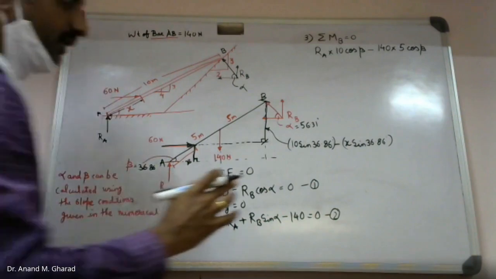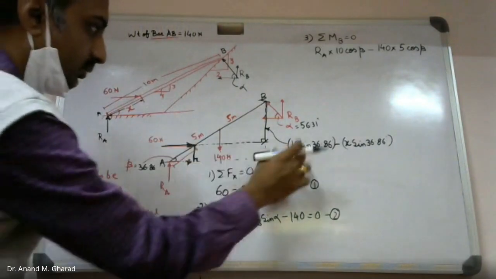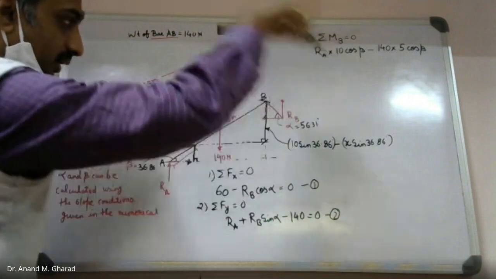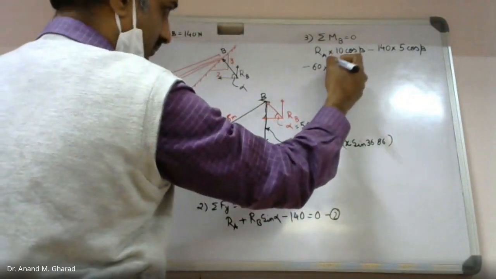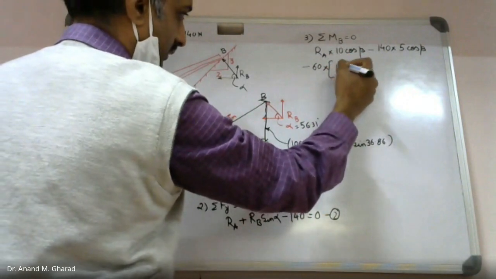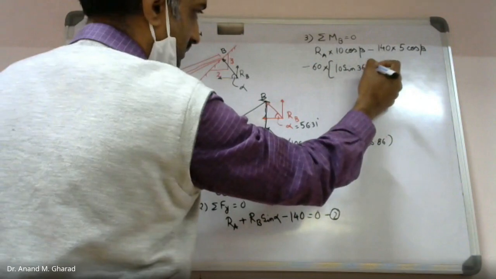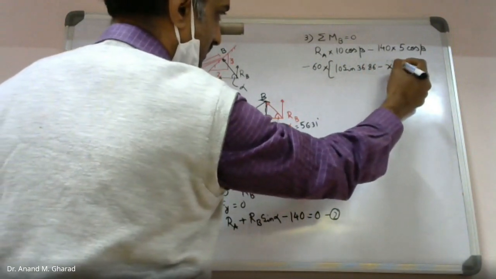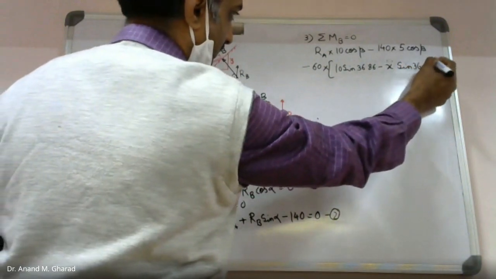So if this is fine, then 60 to this perpendicular distance will rotate about point B in the anti-clockwise direction. So minus 60 into 10 sine 36.86 minus x sine 36.86.